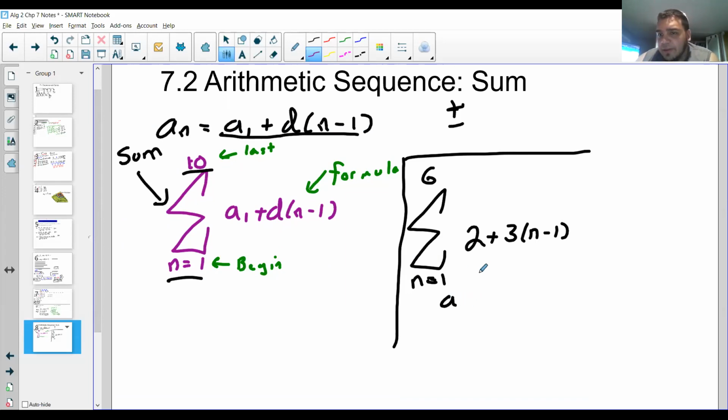So in order to sum this, we do need every piece. So we need a_1, a_2, a_3, a_4, a_5, and a_6. So we start here and we go to here. I start at 1 and end at 6.